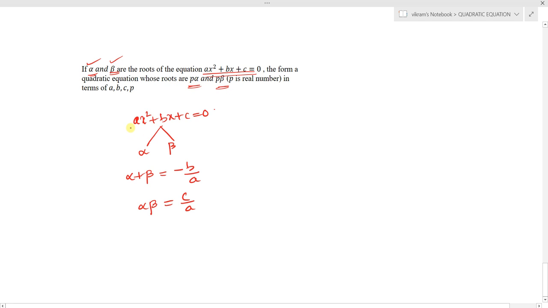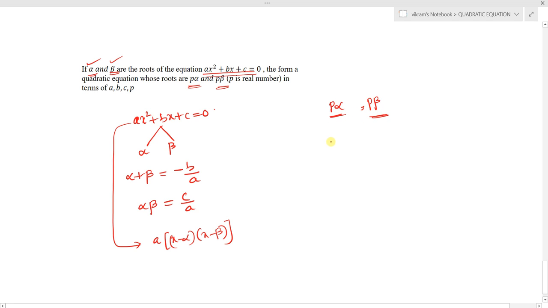So we know that if alpha and beta are the roots of a quadratic equation, we can write it as a times x minus alpha into x minus beta, which is the way of writing the quadratic equation. And we are asked to find the equation with roots p alpha and p beta, the roots of another quadratic equation.